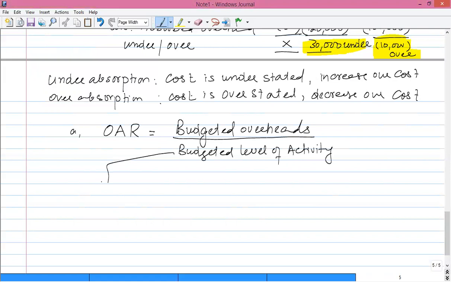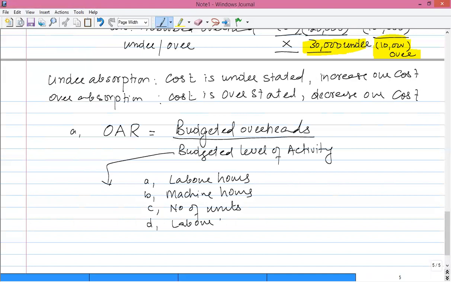The common levels of activity that we use are the labor hours, the machine hours, number of units, it might be the labor cost, prime cost, and so on.